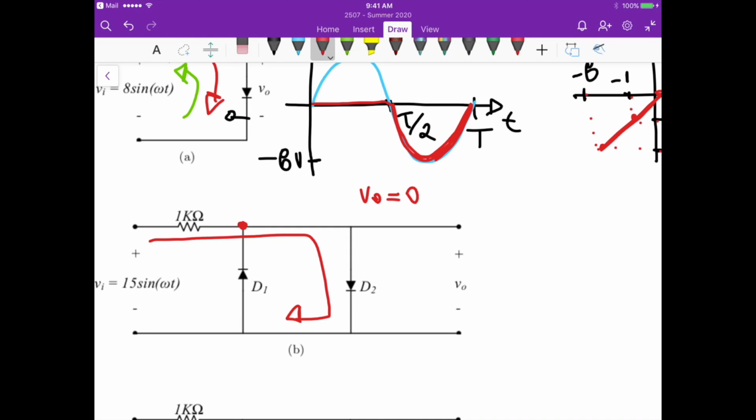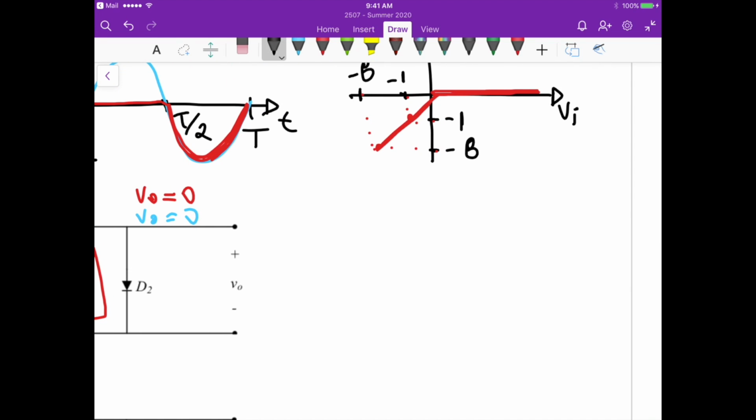Now, on the second half cycle of the sine wave, if this potential is negative, we would have a current flowing in this direction, and then V out would also be 0, because it would be a short circuit again.